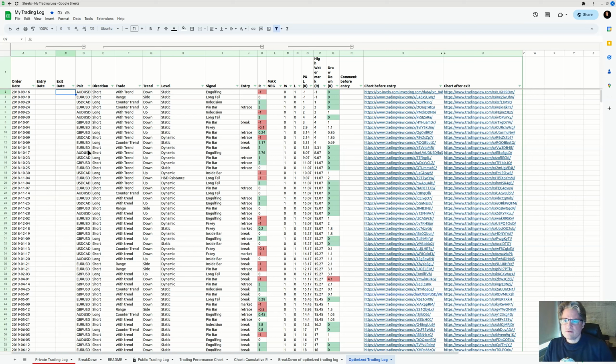The instrument I'm trading, the direction I'm trading in, I'm recording if I'm trading with the trend or against, and if the trend is up or down, the level I'm trading off, and the signal, and the way I'm entering.